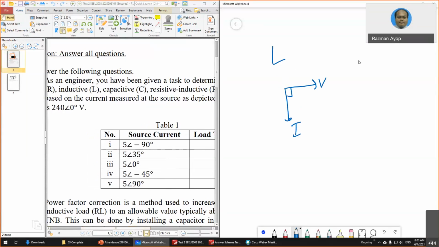For C, capacitance, the current will be leading. And for resistor, the current and the voltage are in the same phase.